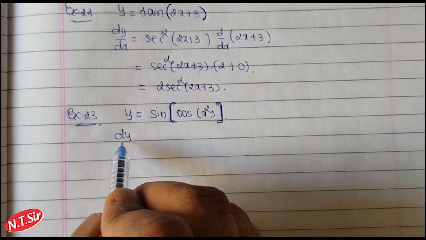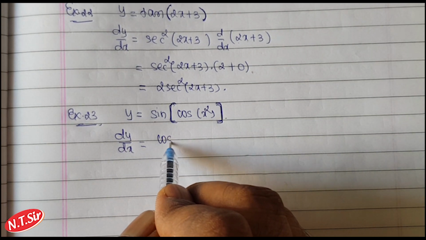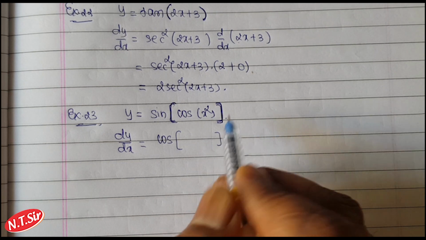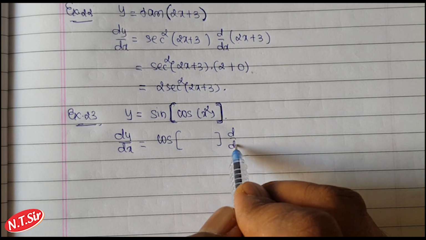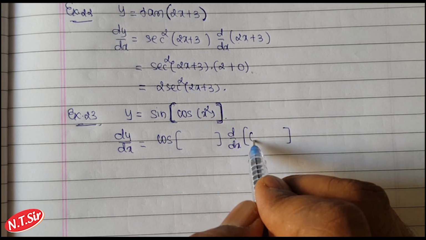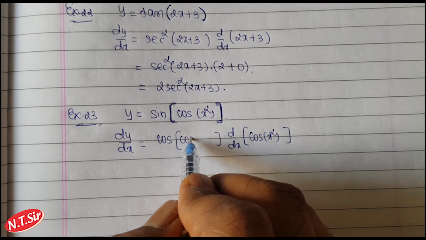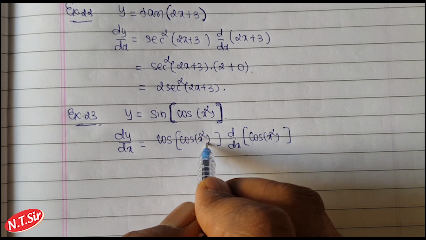So differentiating with respect to x, dy by dx is equal to cos bracket into d dx of bracket में क्या है cos x square. So cos x square, here also cos x square.